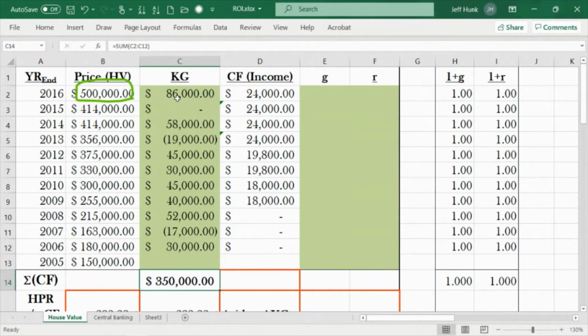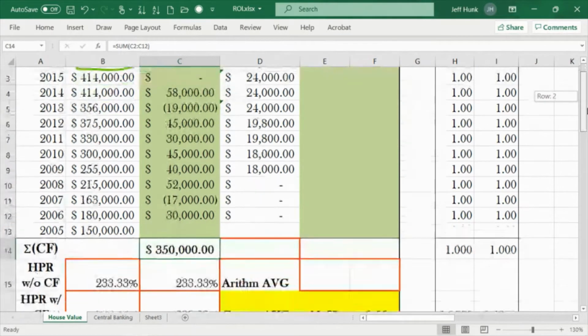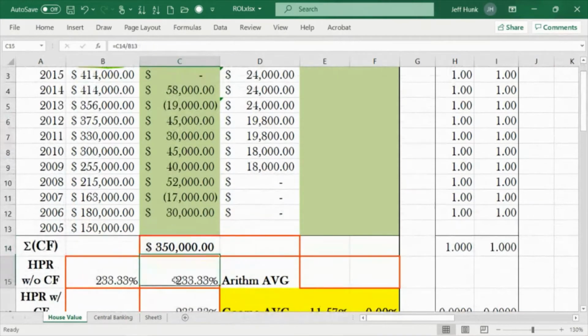So either way, sum of all these capital gains, or simply this minus this, it should still be price 2016, P sub 2016 minus P sub 2005, should still be the same thing, right? 350K.